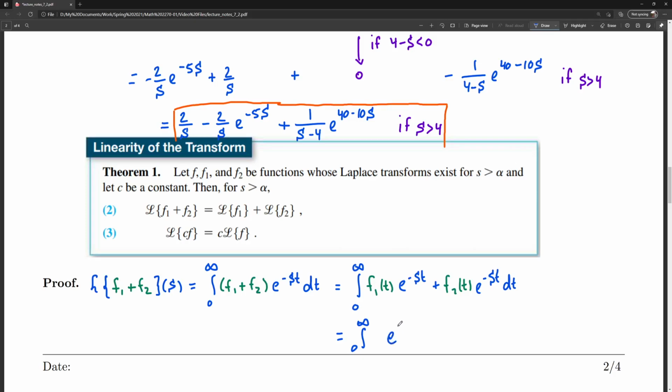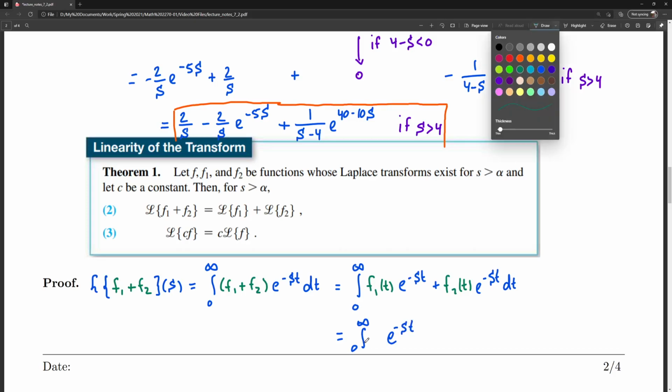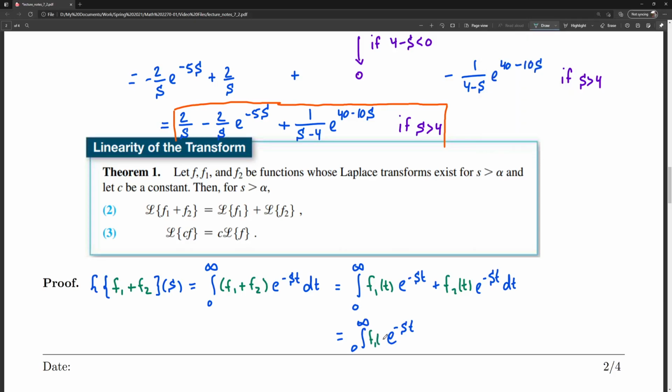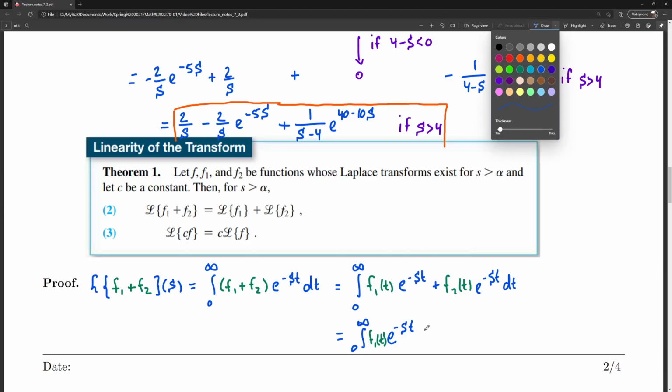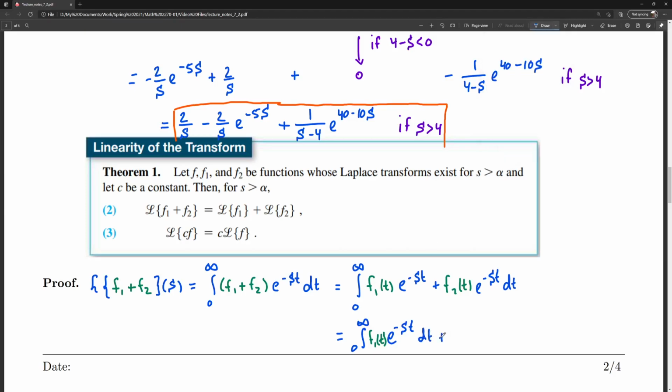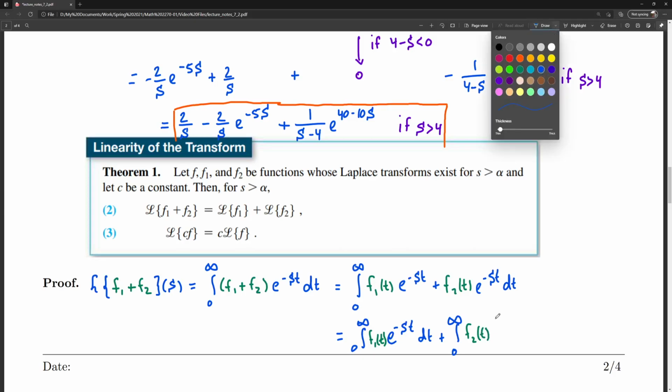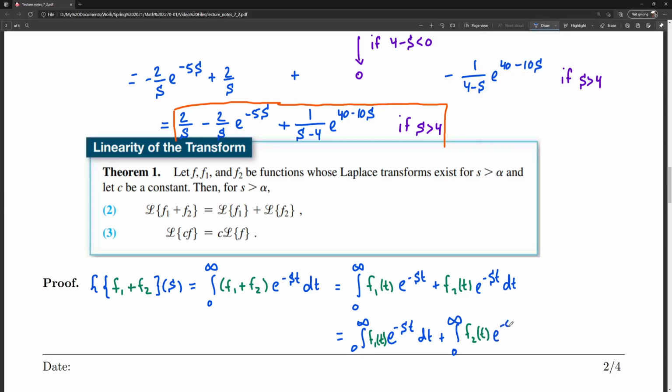And then by linearity of the integral, I can write this as the integral from 0 to infinity of f1 of t times e to the power negative st, dt, plus the integral of f2 of t times e to the power negative st, dt.